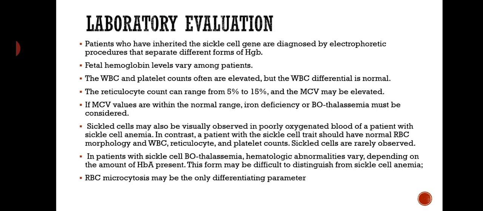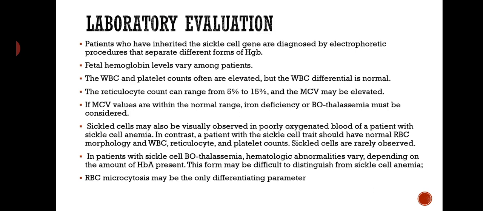The reticulocyte count can range from 5% to 15%, and the MCV, the mean corpuscular volume, may be elevated. If the MCV values are within the normal range, iron deficiency or beta zero thalassemia must be considered. Sickle cells may also be visually observed in poorly oxygenated blood of a patient with sickle cell anemia.